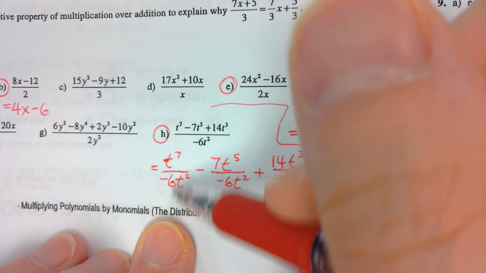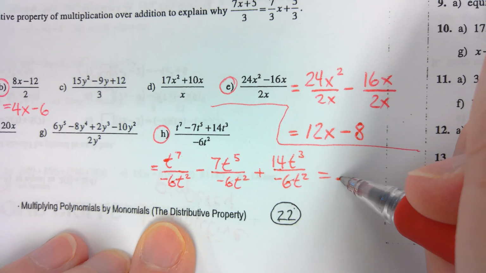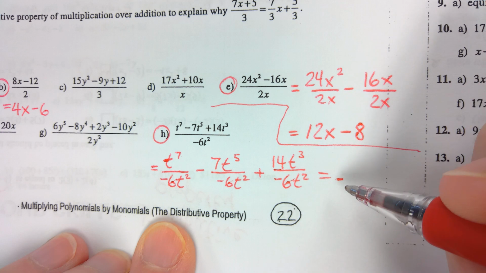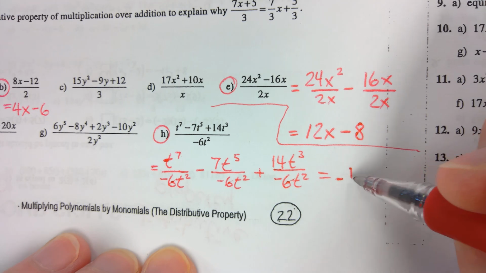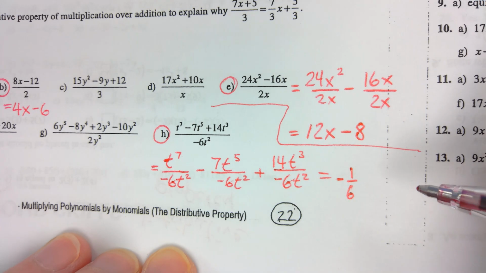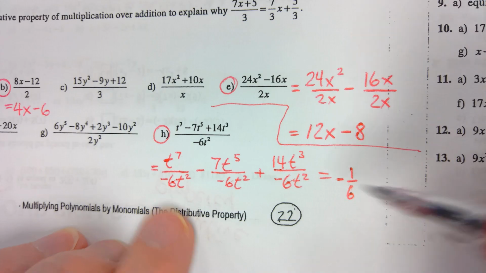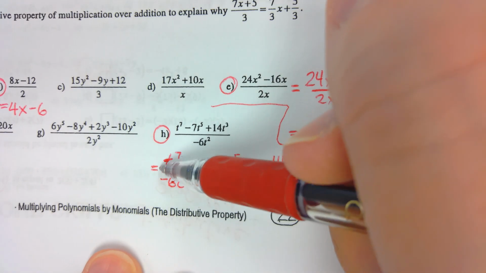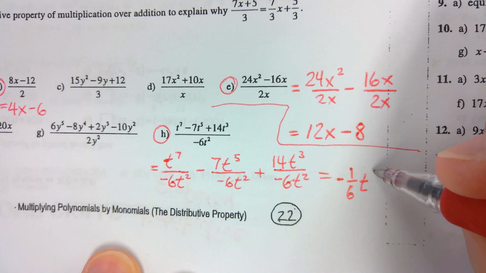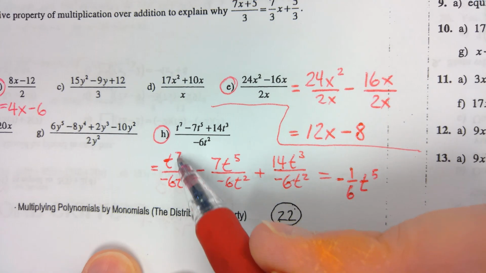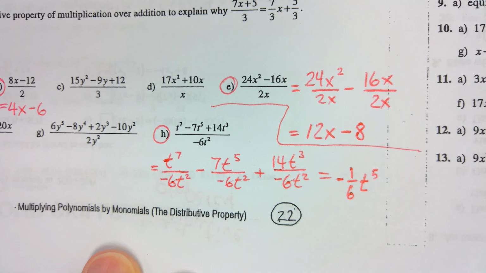What's my coefficient? Not negative 6. Not positive 6. Close. Let's leave it as a fraction. So, Jasmine? Negative 1/6. It's still a fraction. This is a 1 right here. So negative 1/6. And as Alvin said, it's t to the 5 because of the exponent rule, you subtract the exponents.